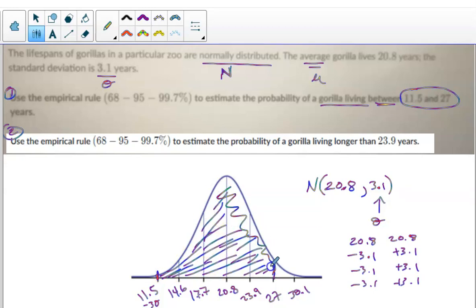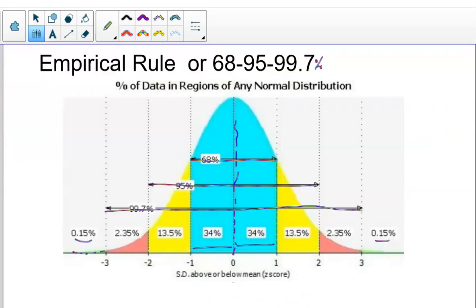So that's going to be the majority, right? That's going to be a big number. There's different ways to do it. You could add each portion using these values.